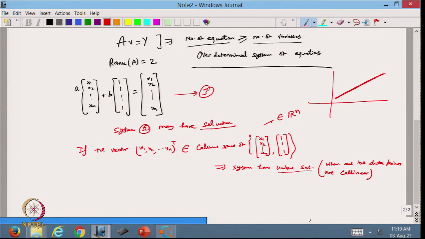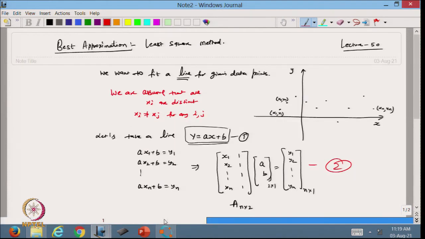This is my line, and I can write that this is y equal to ax plus b. So if this system has a solution, then all the points are going to lie on the line. But in general our data is spread over the whole xy domain. They are not lying on a line, because these data points are coming from some experiment.